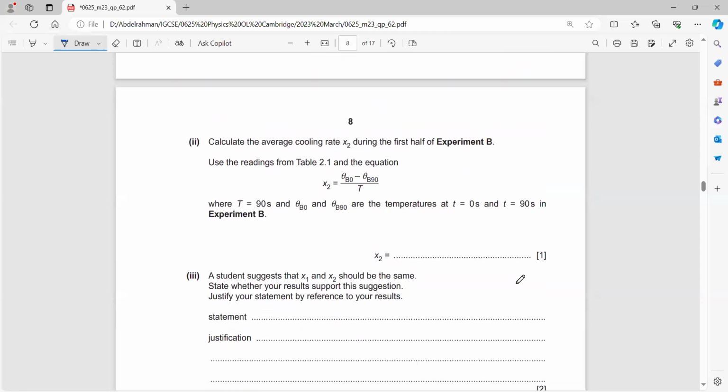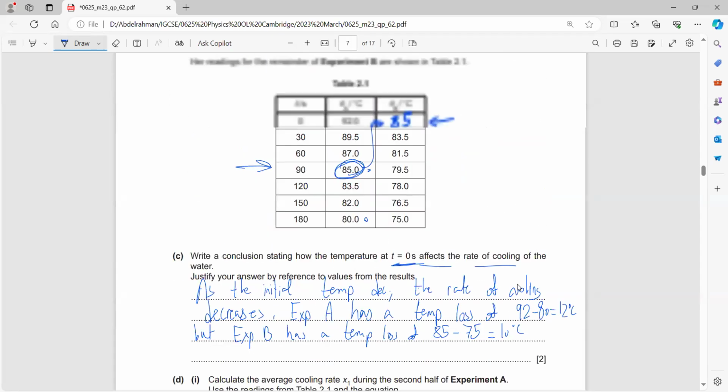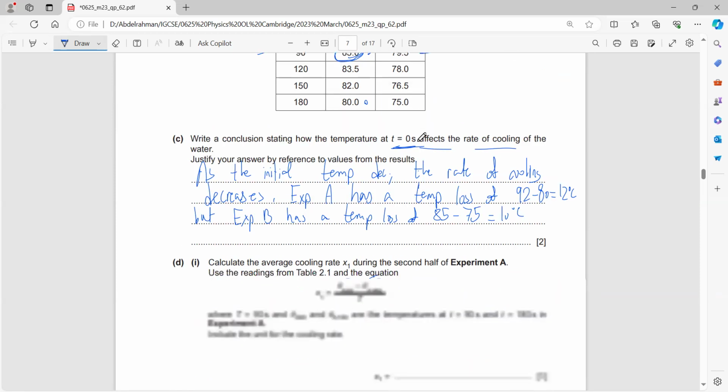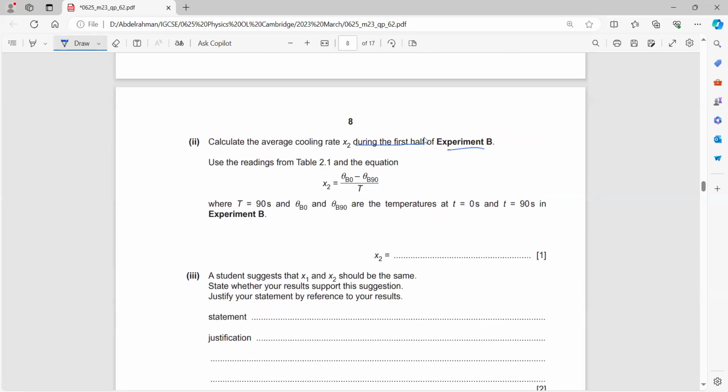Calculate the average rate of cooling during the first half of experiment B. The first half of experiment B is starting off from 85 all the way to 79.5. So 85 minus 79.5 divided by T, which is 90.